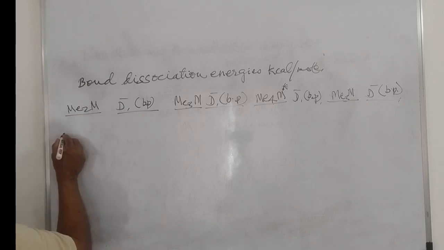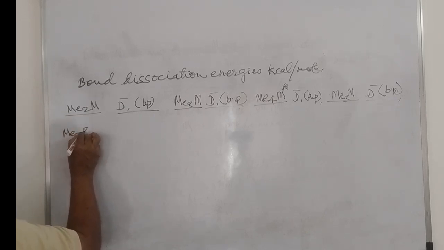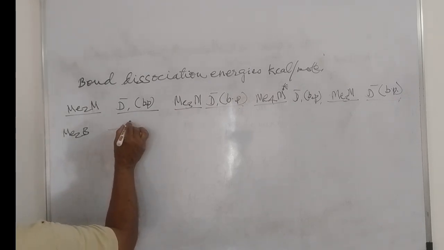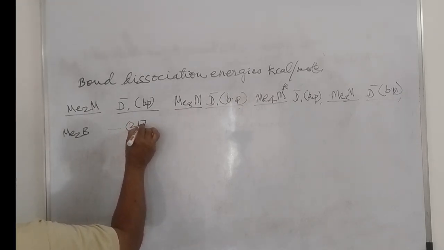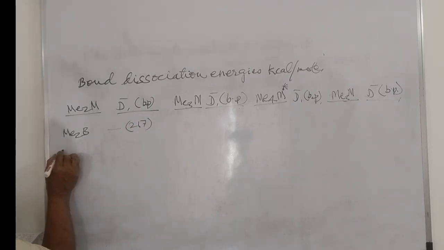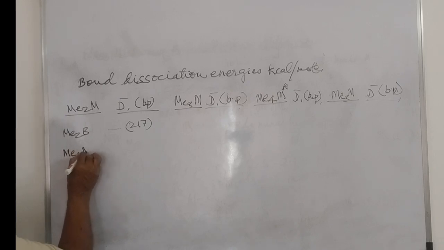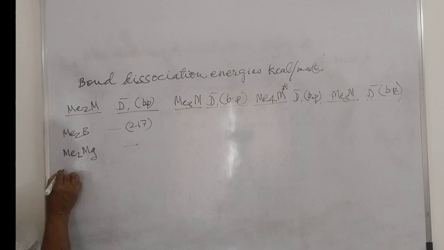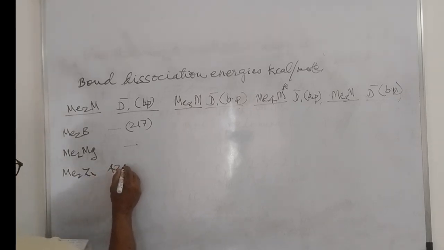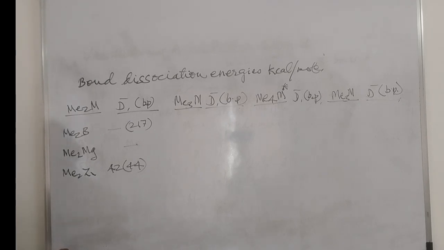The examples of this type are Me2B. It has no dissociation energy mentioned here, and the boiling point is 217. Then there is another, Me2Mg. It has no data. Then next is Me2Zn. It has 42 kilocalories per mole bond dissociation energy and boiling point is 44 degrees centigrade.